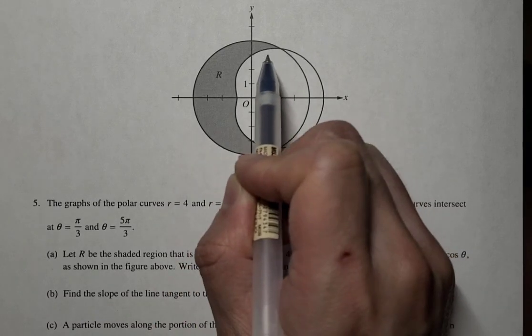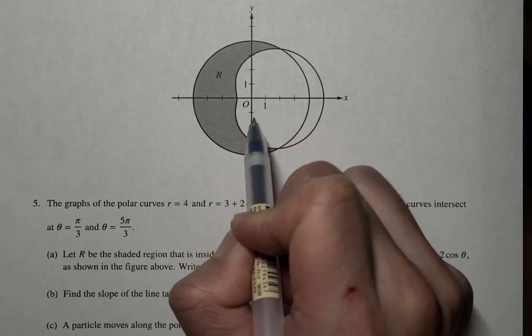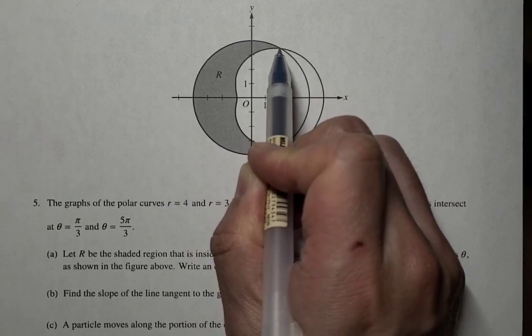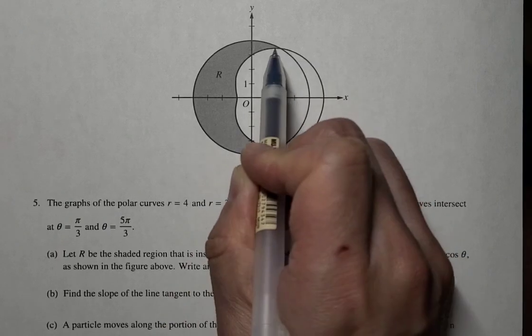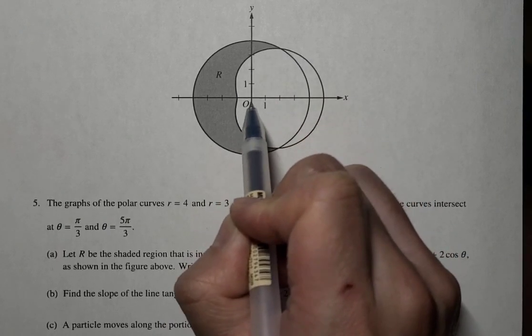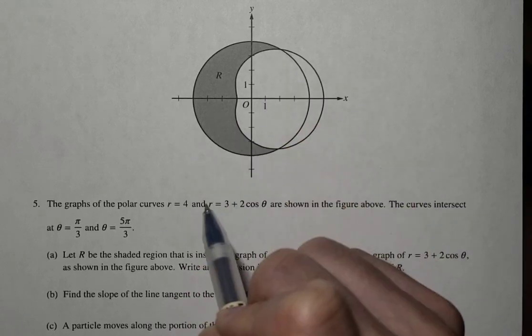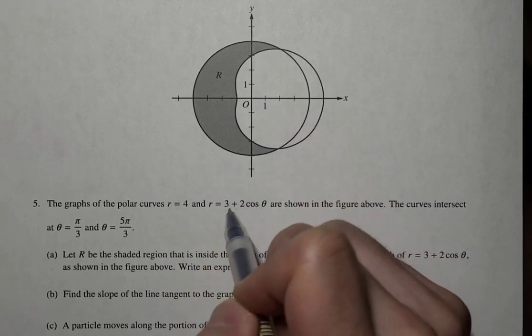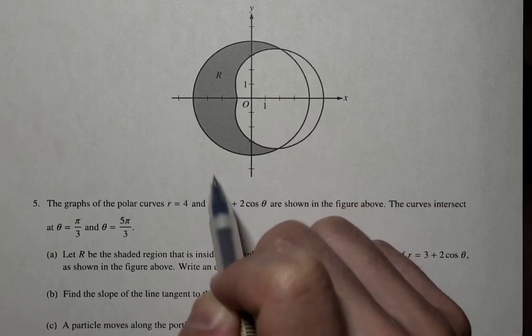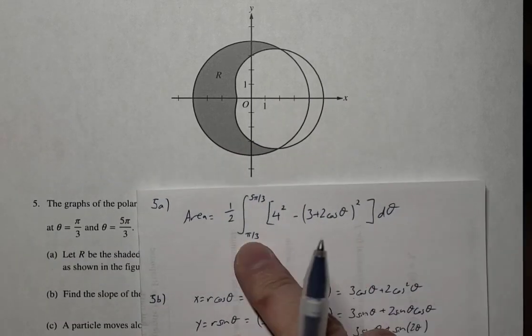And then we're going to subtract this area over here, that's white. As I was saying, the area of r equals 4 from pi over 3 to 5 pi over 3 would include this, but we're going to cut it off. We're going to subtract half r squared d theta, where r is this one. So that's the setup.